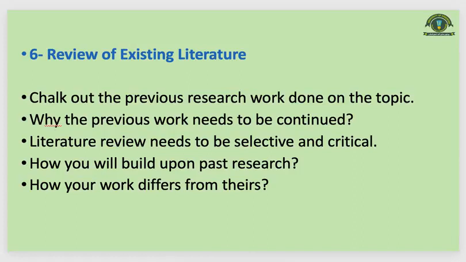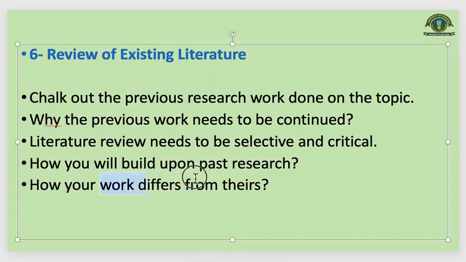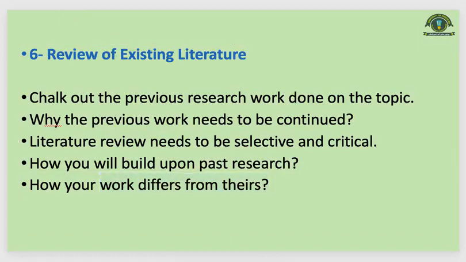So you will carefully, critically select the researches that you are going to cite in your literature review section. And you will also need to highlight how you will build upon the past researches. You need to tell the reader that this is how you are building your argument on those old researches, and this is how your work differs from theirs.